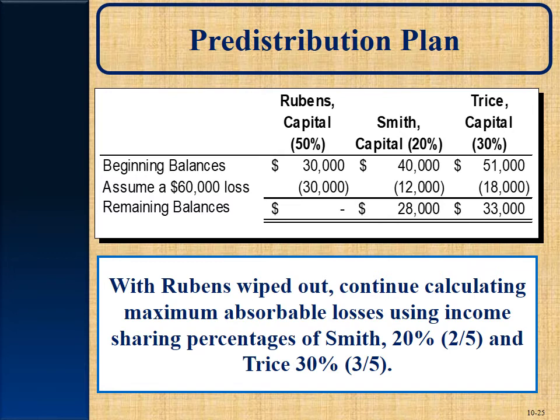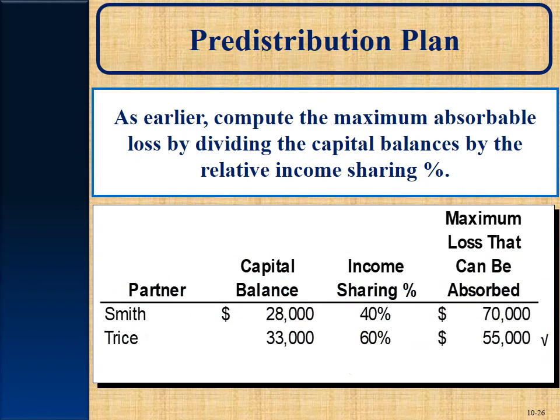So for any remaining loss absorption, these are the percentages we're using: 2/5 for Smith, 3/5 for Trice. Let's take a look. As earlier, compute the maximum absorbable loss by dividing the capital balances by the relative income sharing percentage we just came up with.